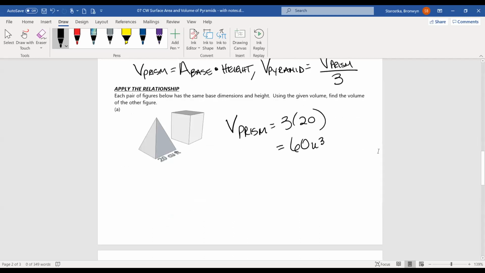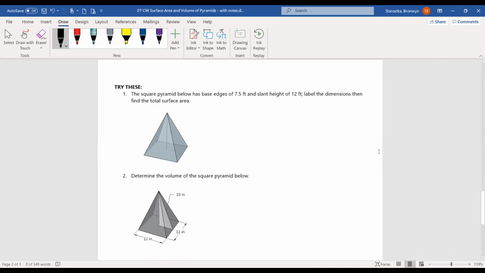We've got a couple to try, so I'm going to do these quickly with you. We have a square pyramid below. Its base edges are 7.5. We know that it's got a slant height of 12. And so we're in business.